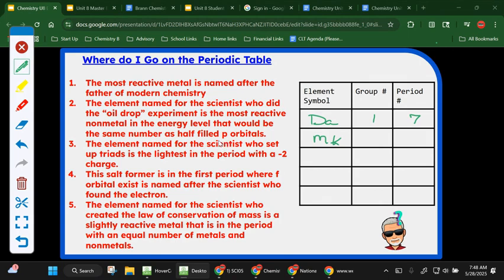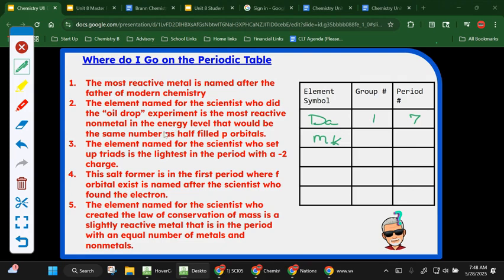How many p orbitals are there? There are 3. So if each one is half-filled, there are 3 half-filled ones. There's 6 electrons total in the p's. Half-filled means there would be 3, 1 in each because they fill singly first. Okay? So this is telling us period 3.